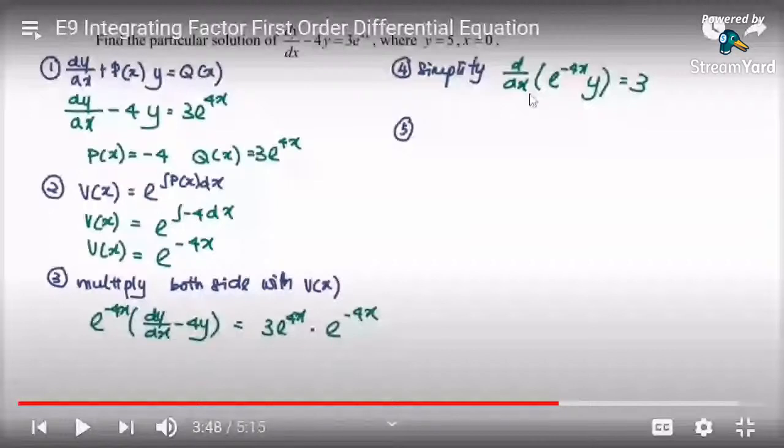Okay. So seterusnya apa yang kita perlu buat adalah kita perlu integrate both side. Okay. Integrate both side with respect to x. So ini agak berbeza sikit dengan separable variable. Kalau separable variable kita hanya add on the sign of integration. Kalau ini kita perlu integrate and then dx for both side.